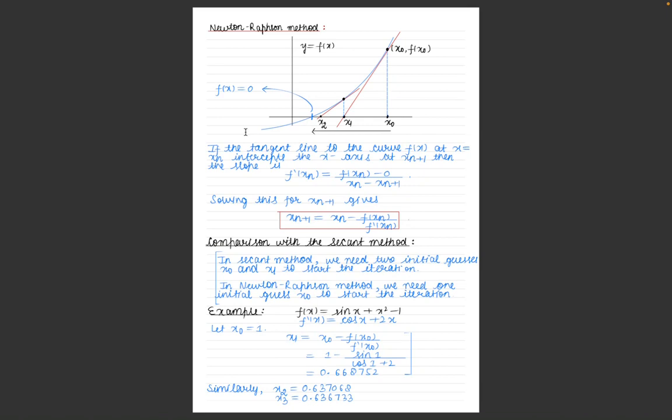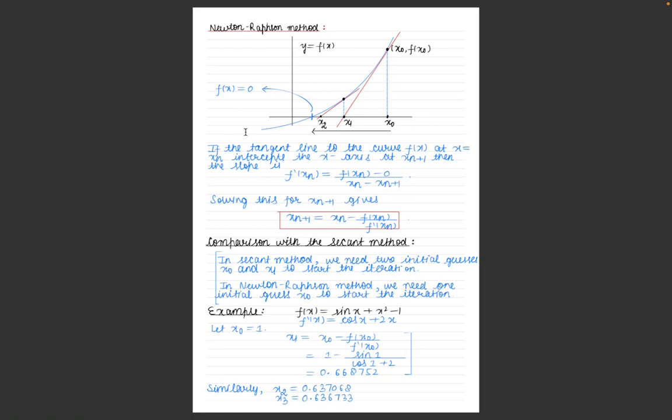Number one, in the secant method, we need two initial guesses, x0 and x1, so that we can have the secant joining x0 comma f of x0 and x1 comma f of x1, and we'll continue this secant to see where it intersects the x-axis, and that will be the next iteration in line.